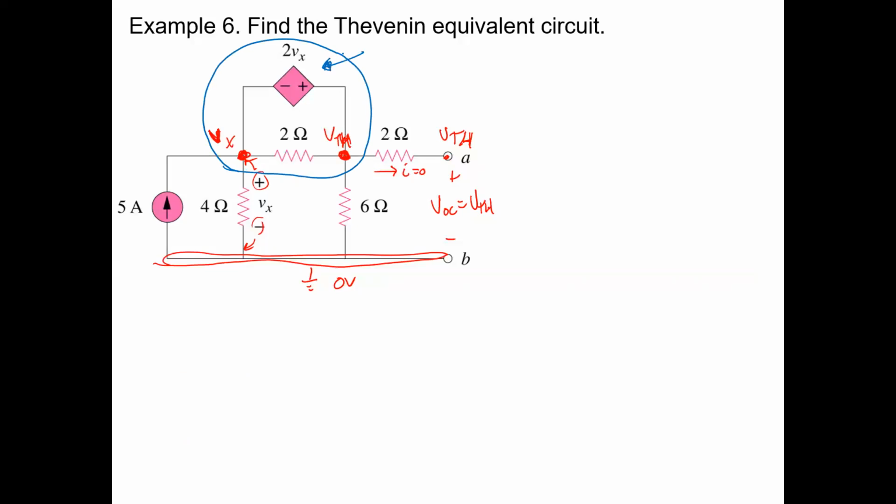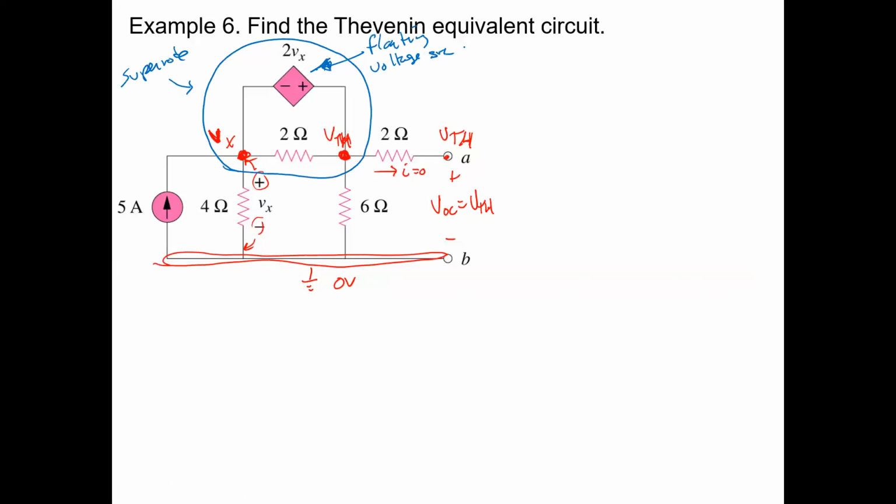2 what kind of nodes? 2 nodes that are not the reference node. Okay. So this is floating. This is the supernode. This is a floating voltage source.